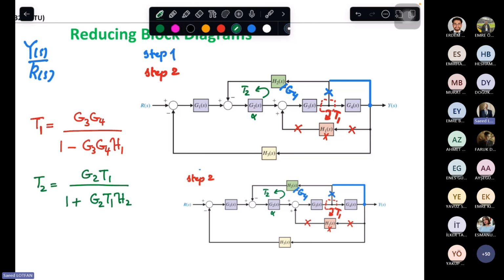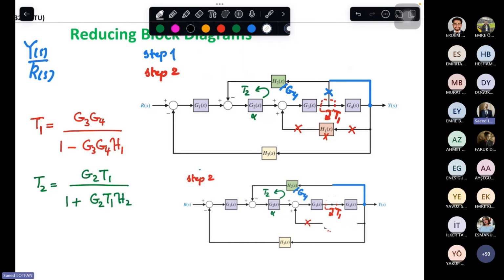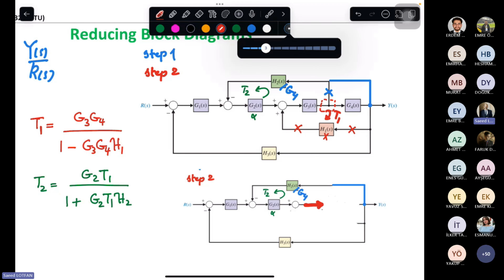So this guy is like this. Then this feedback here has become T1.